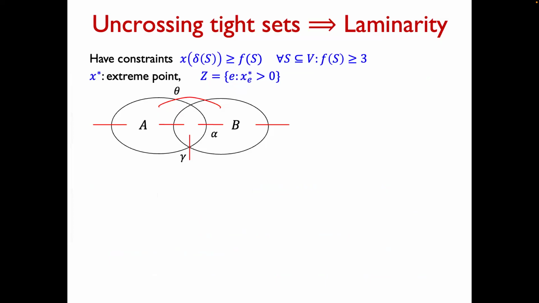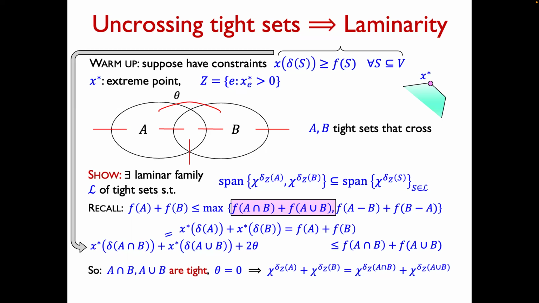So in our system, we don't have constraints. Okay, so sorry, let me go back to this previous thing. Let's pause for a bit and see where we used the fact that we had constraints for all sets.